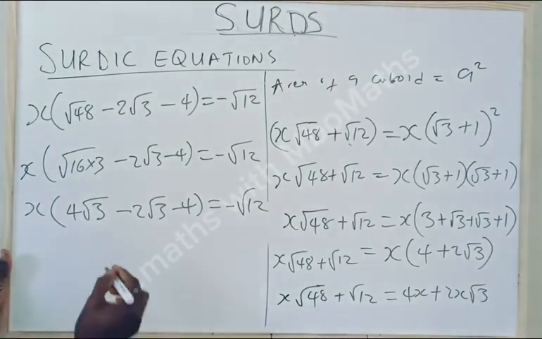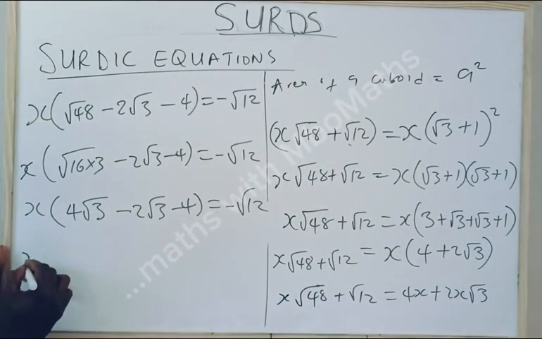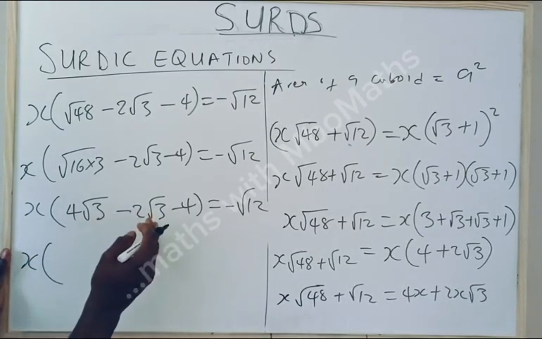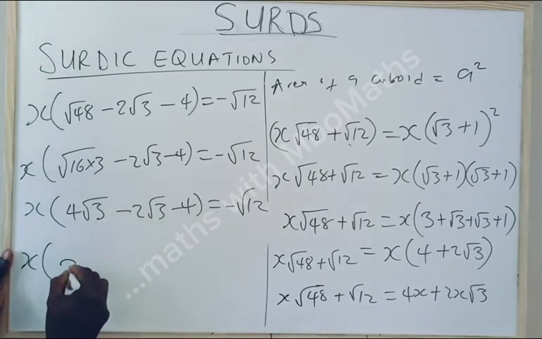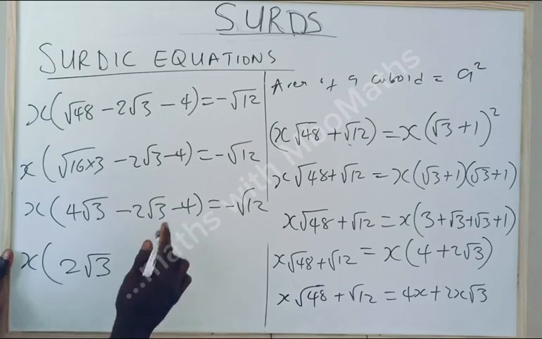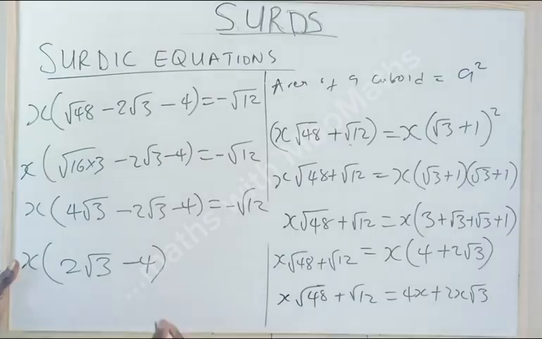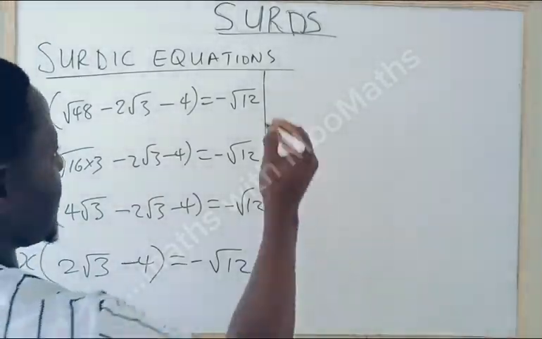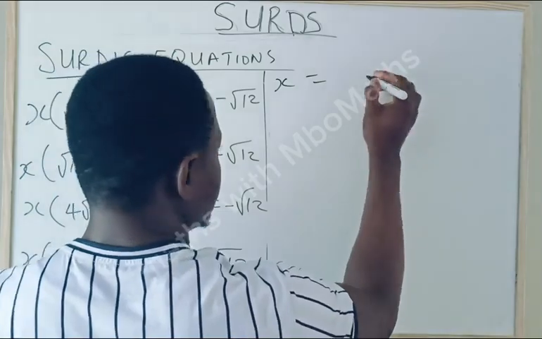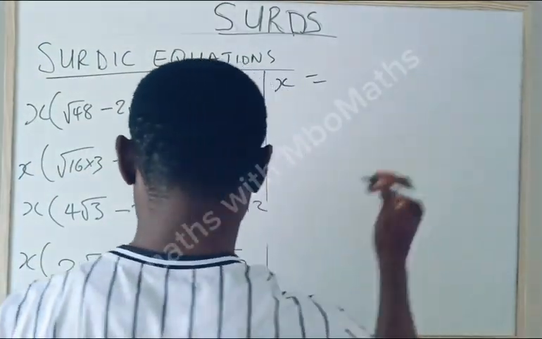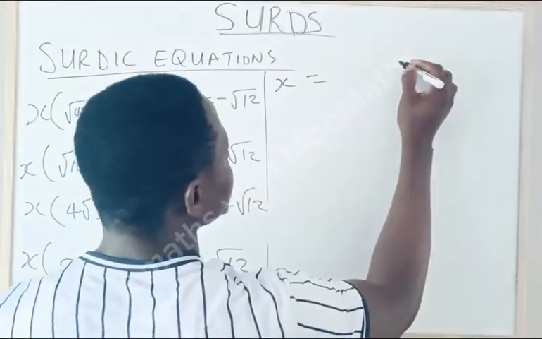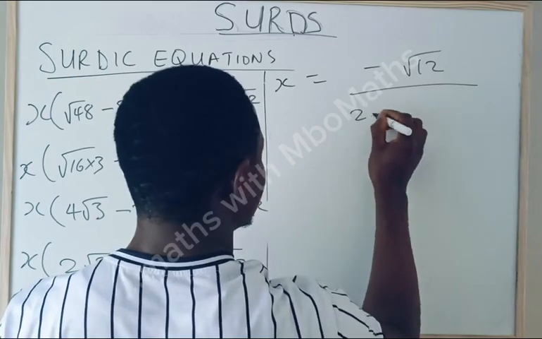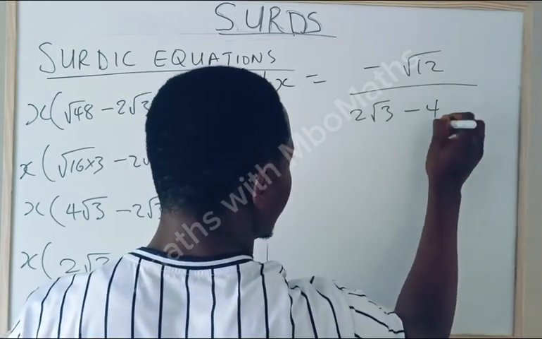If we continue, we're going to have x into, look, you have like terms here. 4 minus 2 is what? 2. You have 2 root 3 minus 4 is equal to minus root 12. It means that x is equal to, if we divide through by 2 root 3 minus 4, x is equal to minus root 12 all over 2 root 3 minus 4.